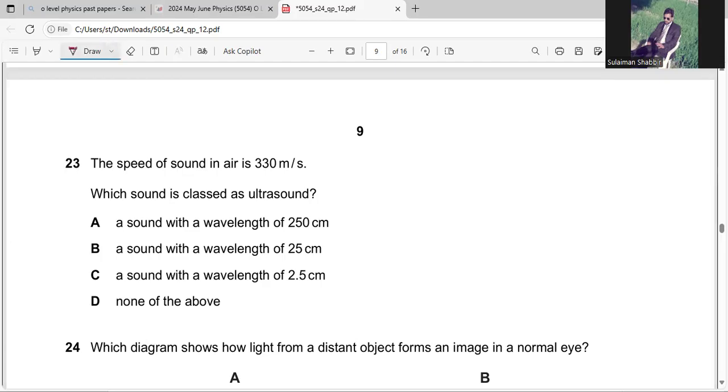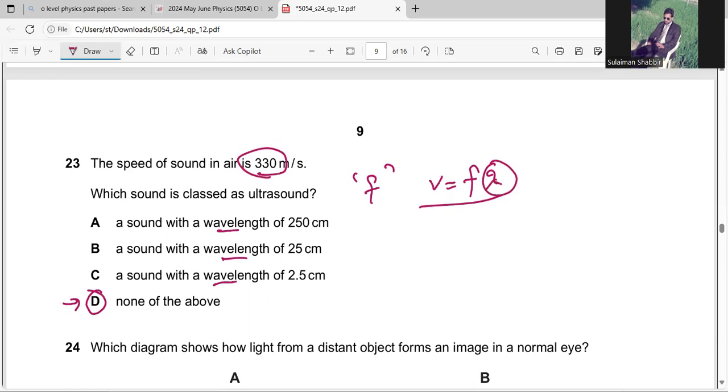So I will say none of the above. Wavelength he is giving me, but he is not giving me the frequency, because I know the relation is V equals F lambda. If I want to calculate lambda for the speed of 330 meter per second, I require the frequency first. So frequency is not given, so none of the above is the right option.